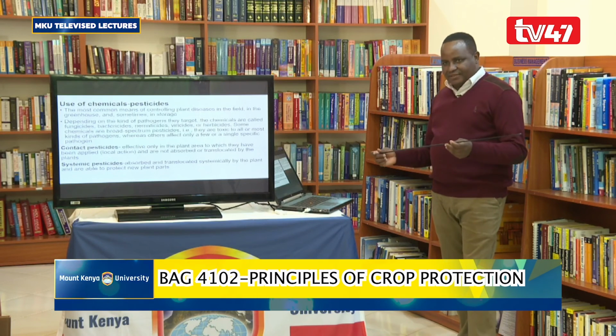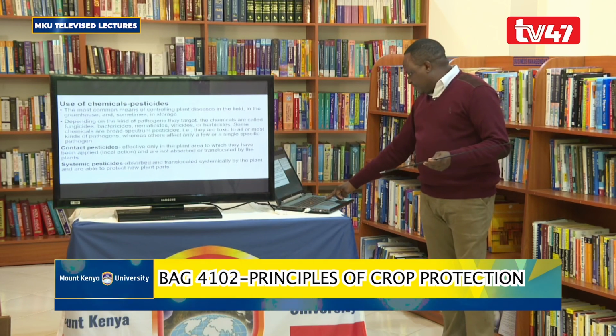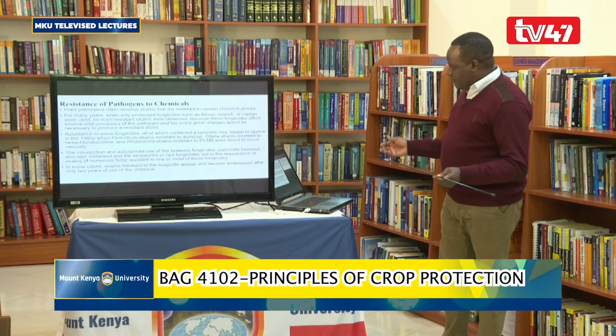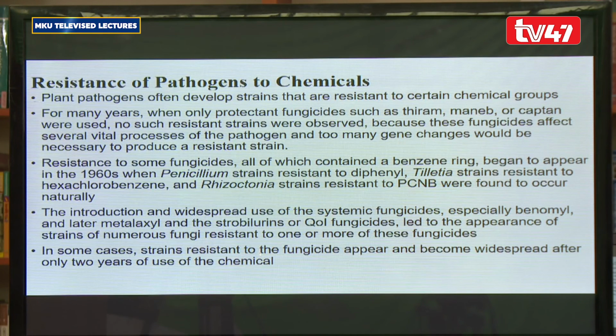Therefore, it is advisable to always know at which stage of the crop which chemical to use, because health is critical, and the use of chemicals is also quite important. However, we need to observe certain regulations.